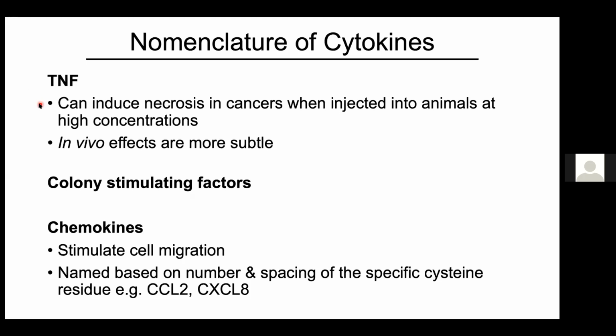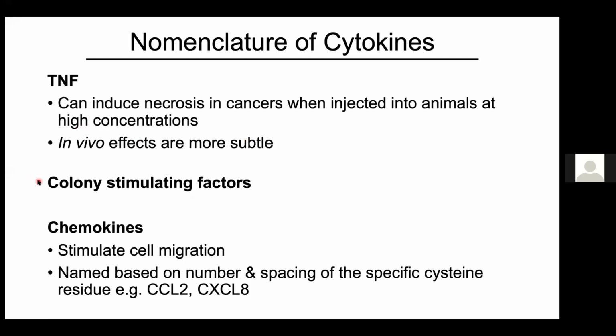So tumor necrosis factor was shown to induce necrosis in cancers when injected into animal models at high concentrations, but it doesn't really cause this in vivo. When you get activation of the immune response, you really don't get death of cells. The effects are more subtle. You just get like an acute phase response, for example, induction of fever and other things, okay?